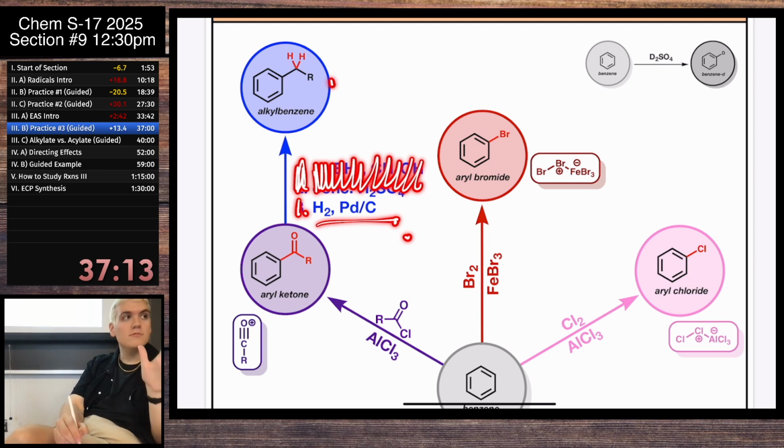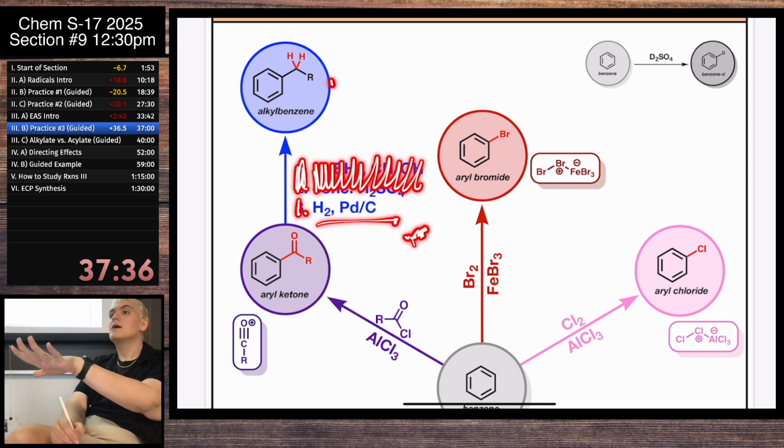Now, it only works with aryl ketones, ones that are right by a benzene ring, and it looks kind of weird. But different organic chemistry classes and textbooks disagree on this. The textbook that I learned organic chemistry from includes this as a one-step reaction. But then other people say that actually only has good yield if you have a donating group on it, and there is more going on.